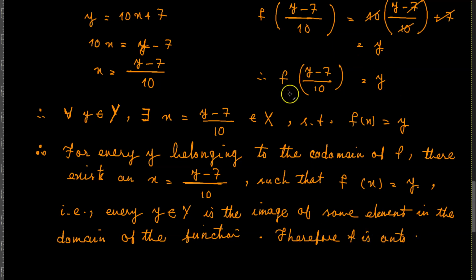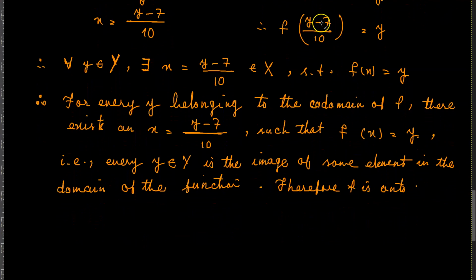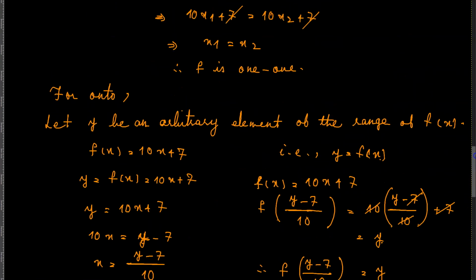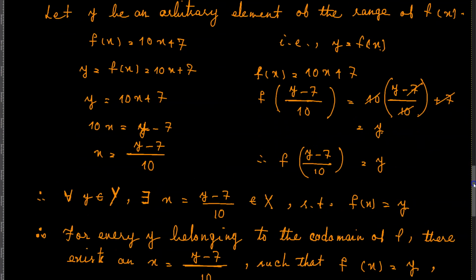Now, the way that I have come to this conclusion is of course important. Here we have f of y minus 7 divided by 10 is equal to y. And here, what we are saying is that f is a function from R to R, right?